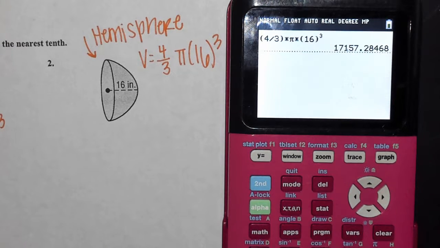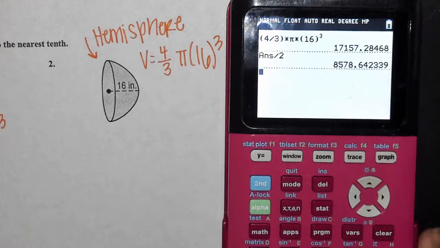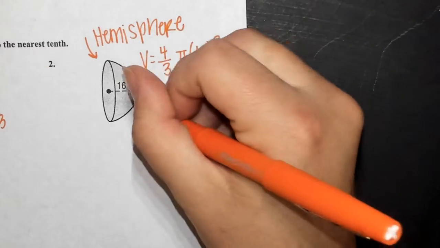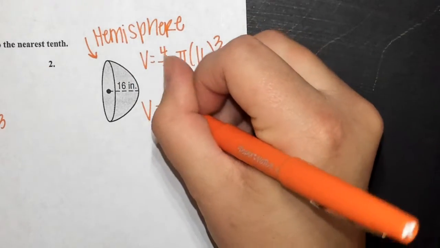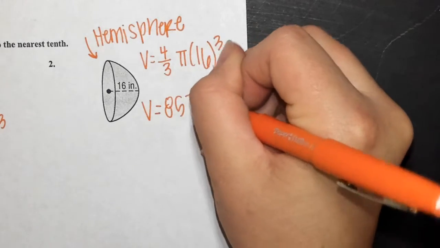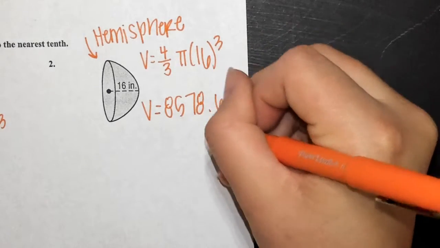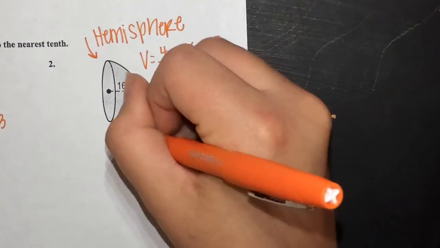Did you get that big old number? Okay. Divide it by 2, and that is your hemisphere, the volume of your hemisphere. So our answer is 8578.6 inches cubed.